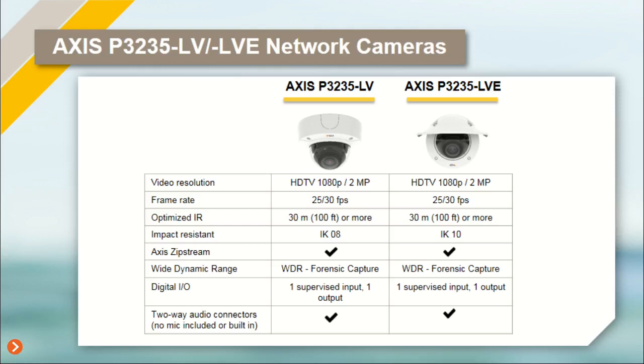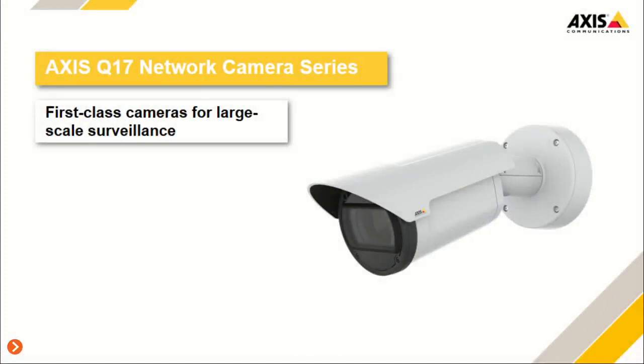You can add a microphone into it if you want to have a two-way audio connection. You can even connect the microphone and the speaker. It's not in the housing, so you have to connect it separately. But we have the connectors available inside the housing.